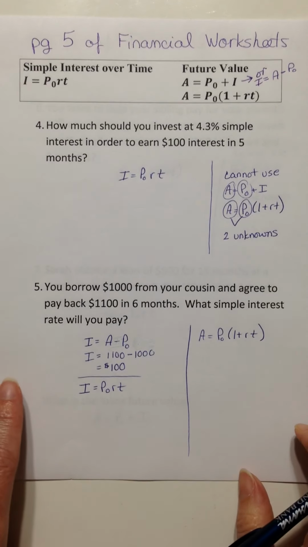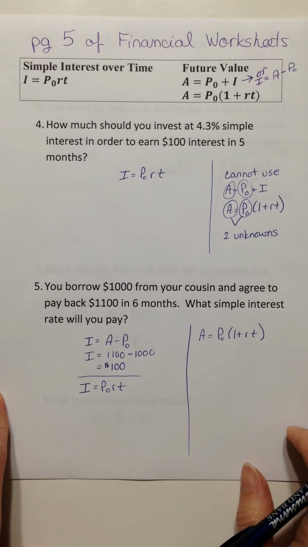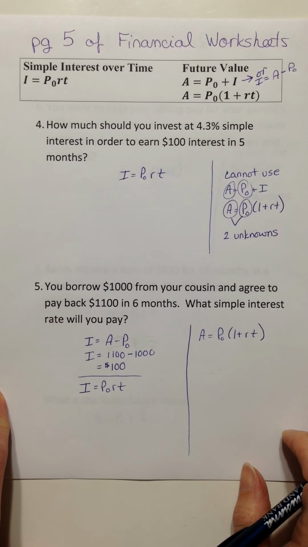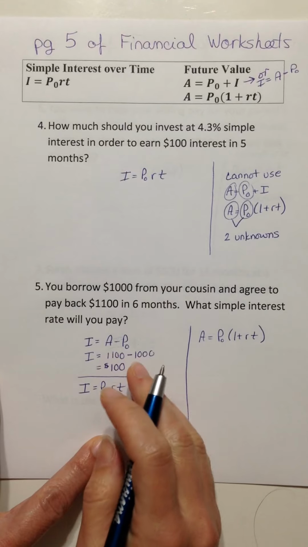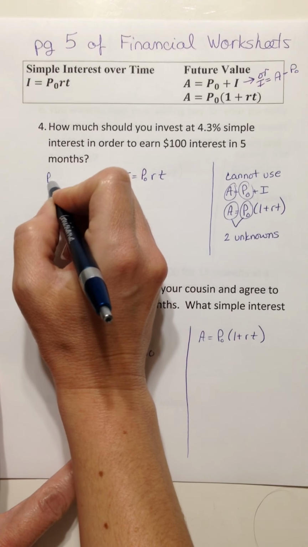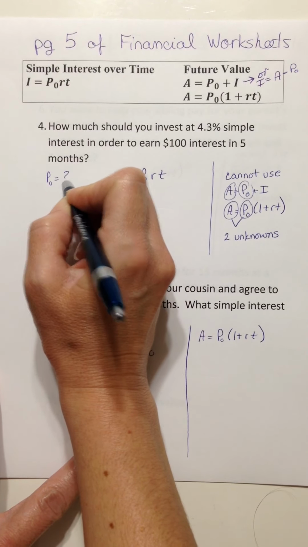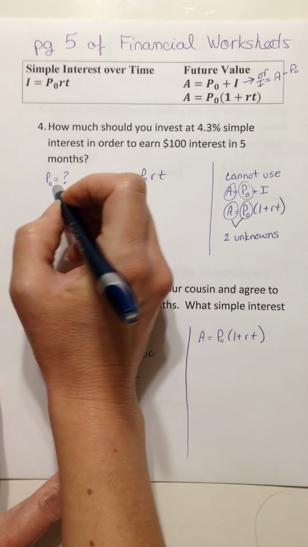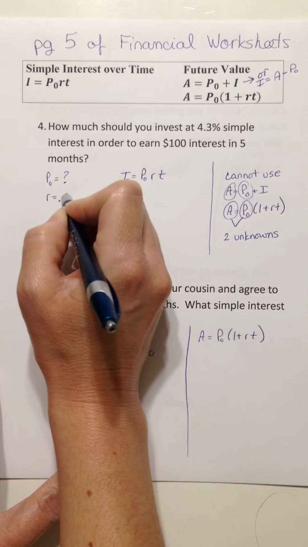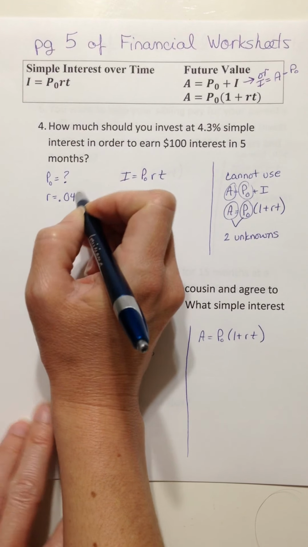Number 4 says, how much should you invest at 4.3% simple interest in order to earn $100 interest in 5 months? So how much should you invest? You're looking for the principal, the beginning amount to invest at 4.3%. So change that to a decimal.